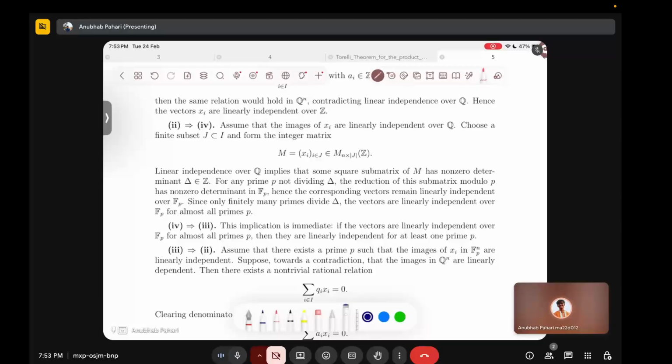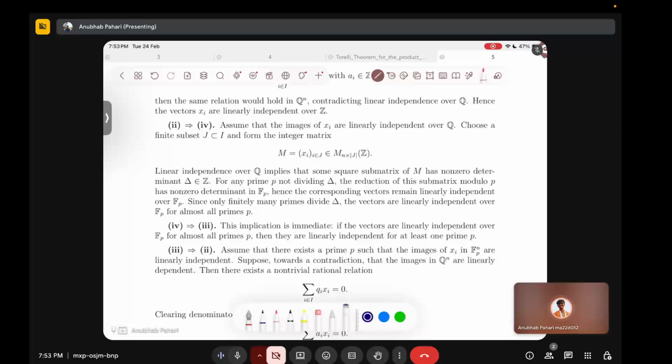Hence the corresponding vectors remain linearly independent over Fp, since only finitely many primes divide delta, the vectors are linearly independent over Fp for almost all primes p.